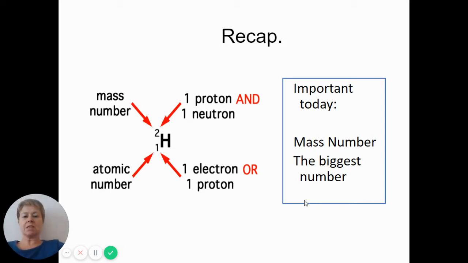The atomic number tells us the number of protons, which is always the same as the number of electrons. Can you remember how to work out the number of neutrons? It's the mass number minus the atomic number. So the massive number minus the little number gives us the number of neutrons.